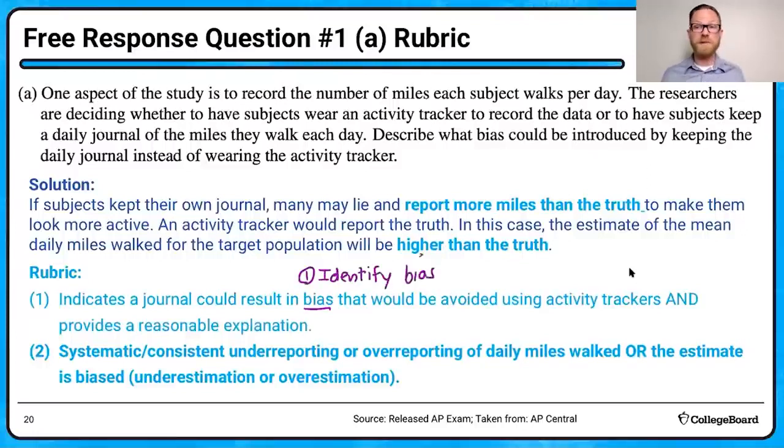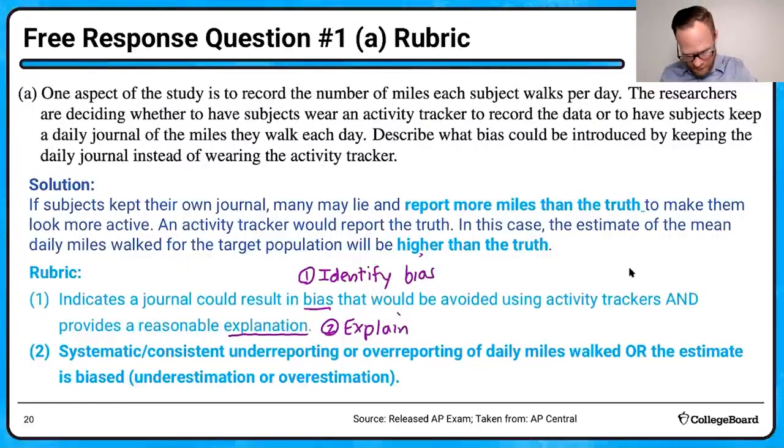And that could be some special vocabulary term like undercoverage or non-response, or you could just sort of explain the bias in words. But then the next part of this here is to provide an explanation as to why that creates bias. So the second thing here is explain why that is creating the bias, because people are lying because they want to look more active.